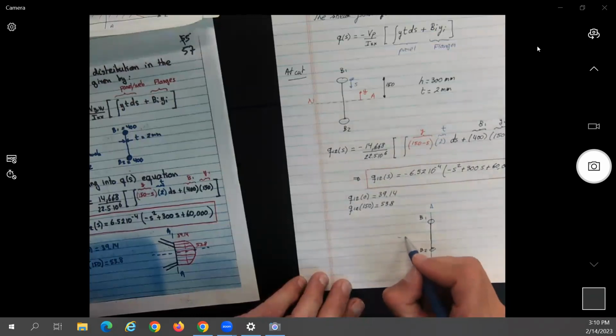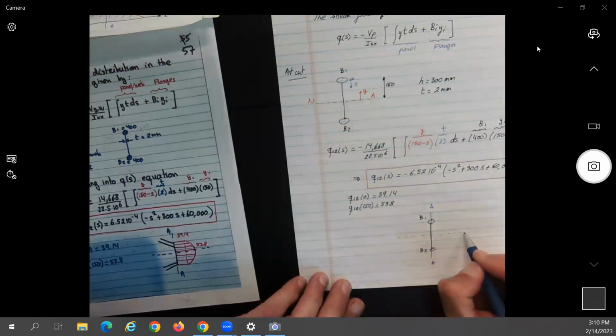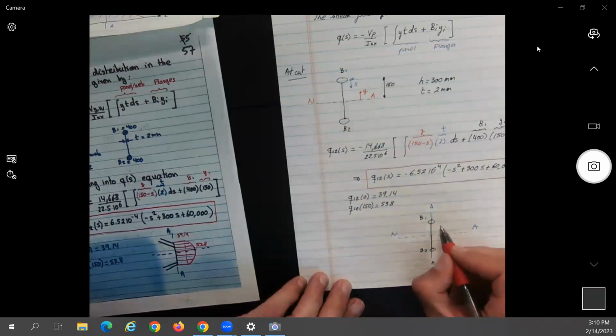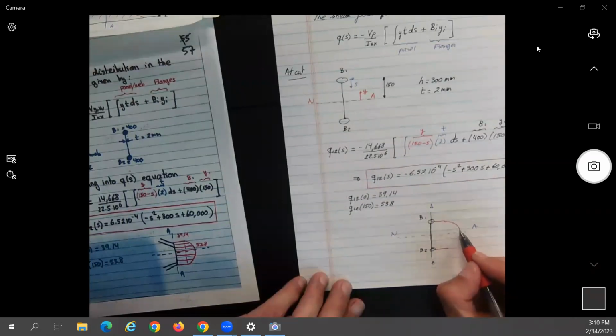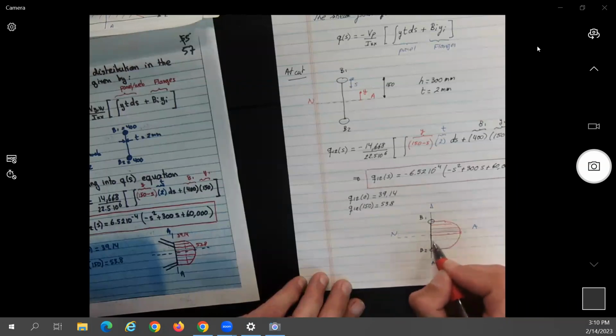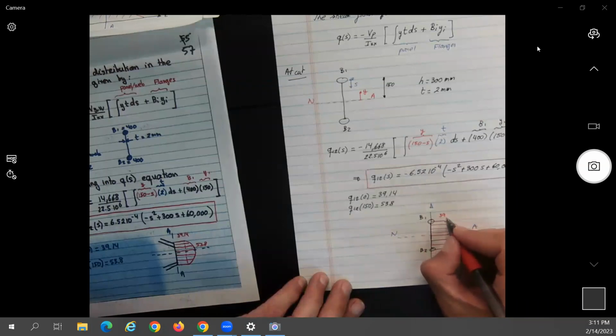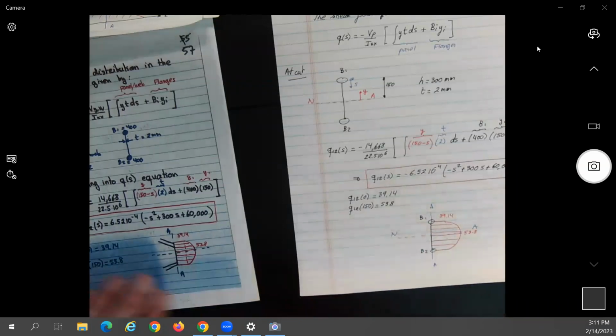This will be here our natural axis. What you get over here is a distribution that should be here 39.14, and the maximum will be 53.8.